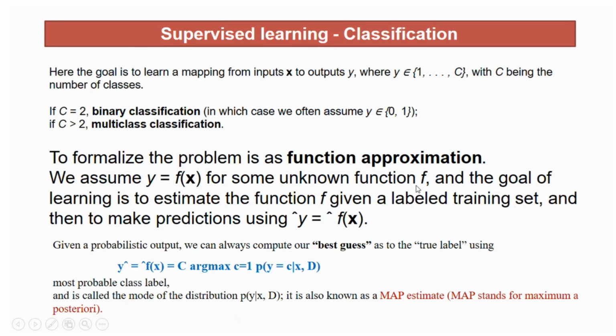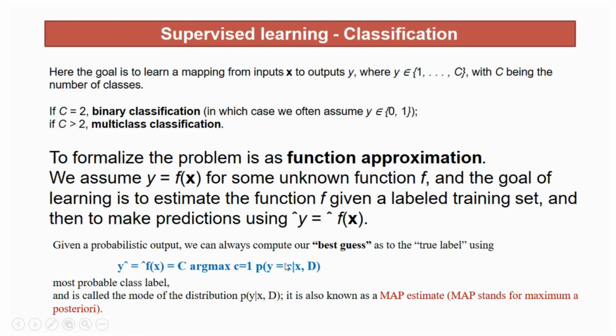Here, the function f is unknown. It is learnt from past experience. The goal in learning is to estimate the function f given a labeled training set, and then to make predictions using y equals f of x. So this function gives you a probabilistic output. We can always compute the best guess, so that the probability is maximized.